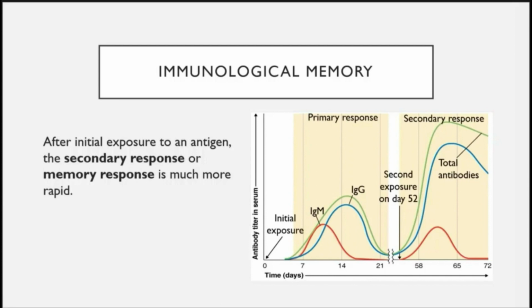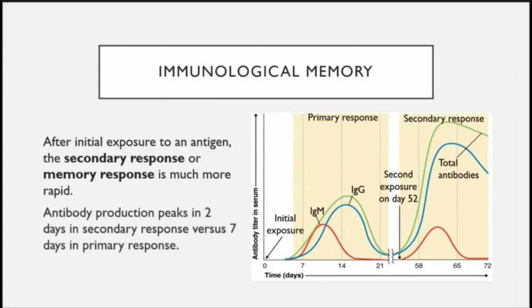The green line represents the total antibody titer. So you can see overall the total antibody titer increases. As the infection decreases, we see that the total antibody count goes down along with the IgGs.